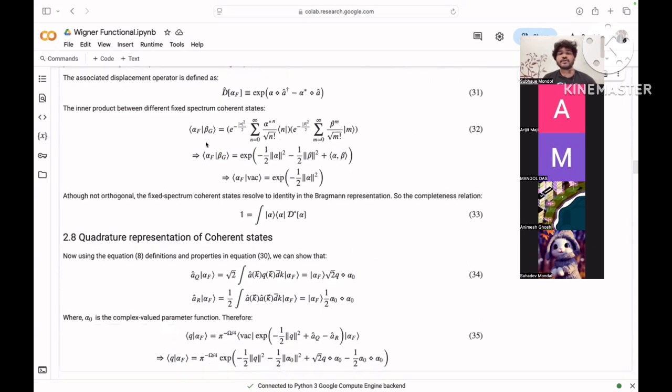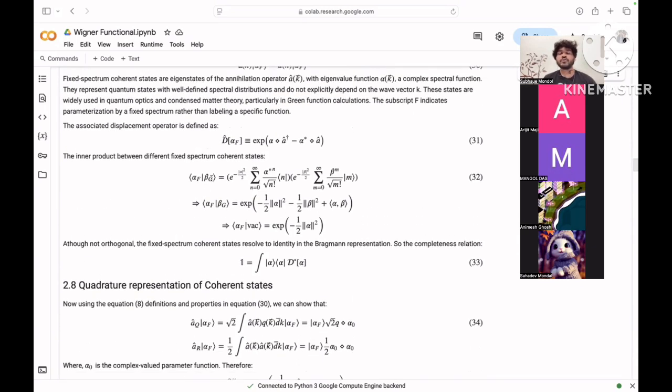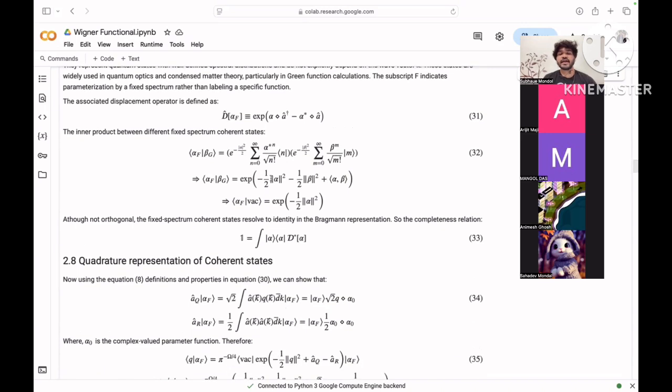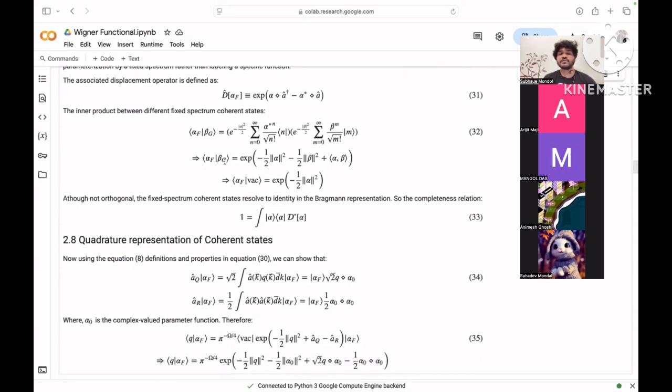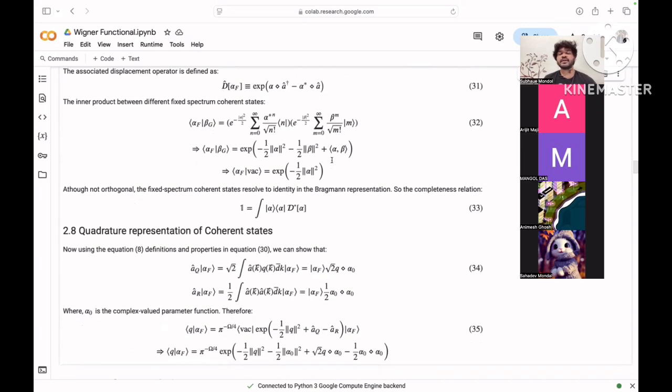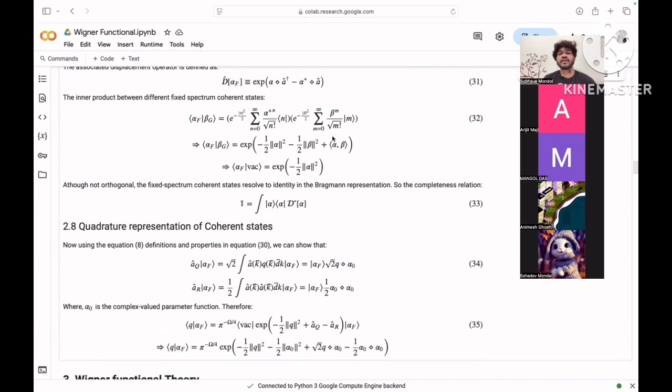We have taken the inner product of two coherent states, and we have calculated it, and we see that the inner product between two coherent states is exponential of minus half alpha squared minus half beta squared, and the inner product between alpha and beta.